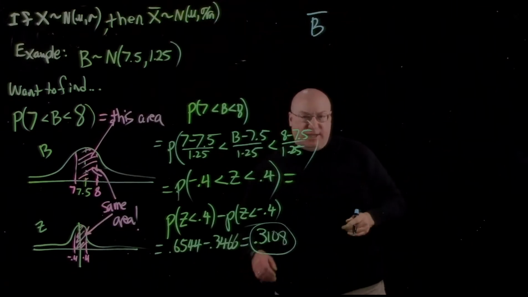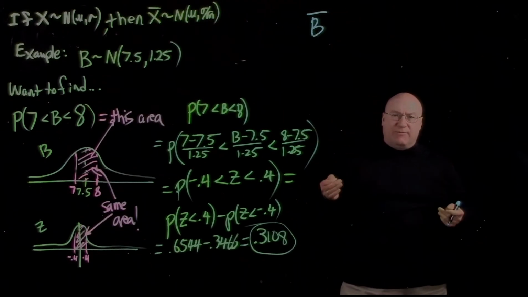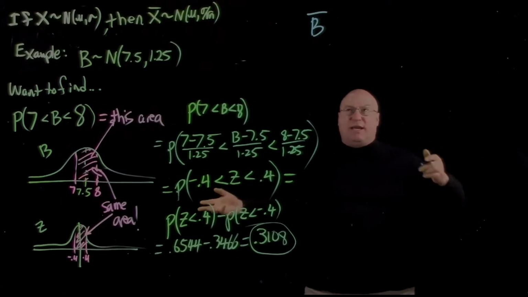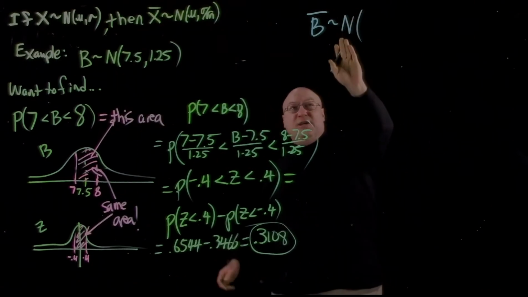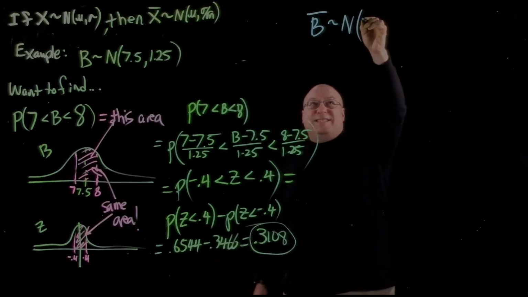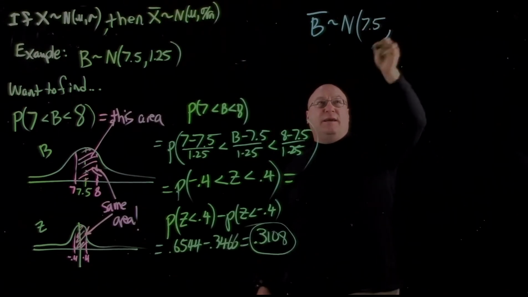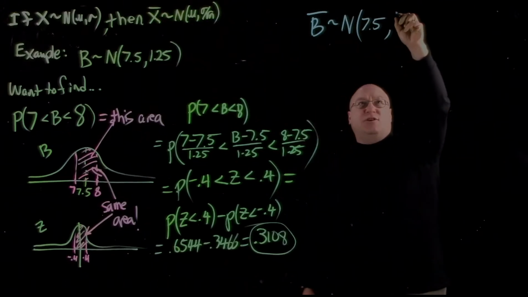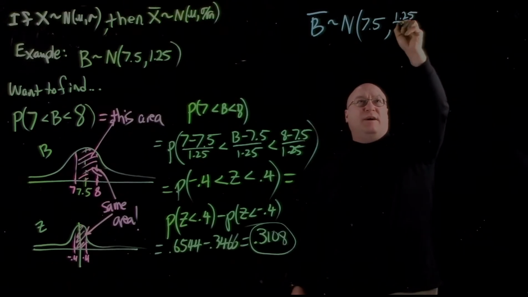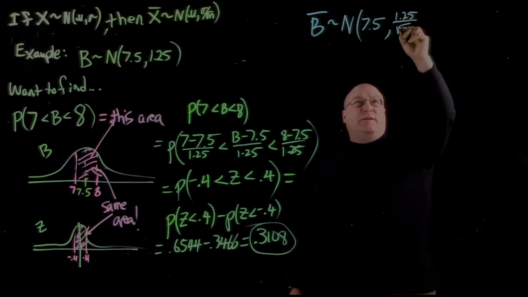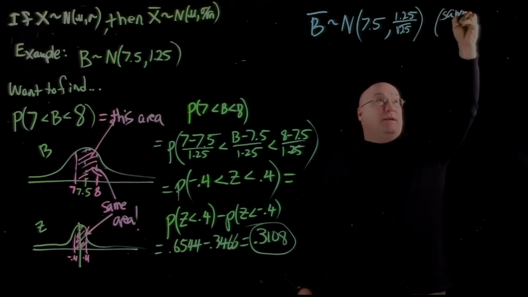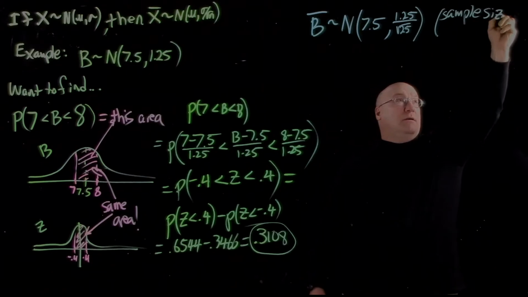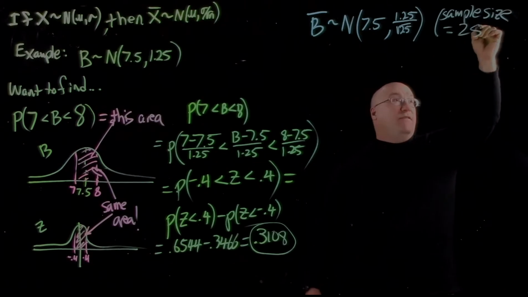I'm now interested in the mean weight. So I have a new random variable. I have a new population of data. And that random variable is normal with the same mean, and the standard deviation is the original standard deviation, 1.25, divided by the square root of the sample size, because the sample size equals 25.